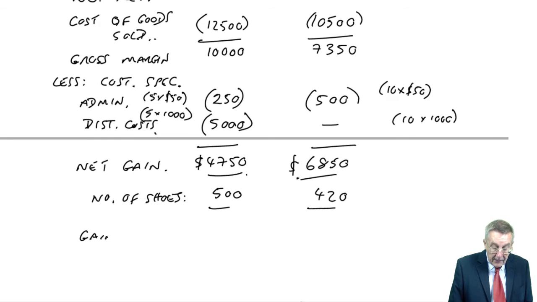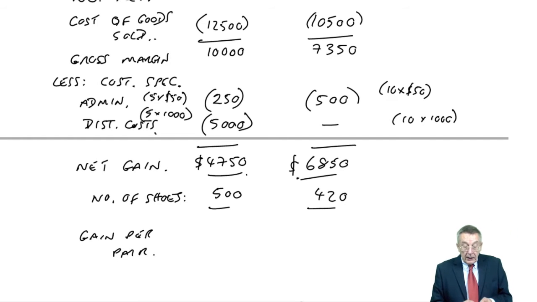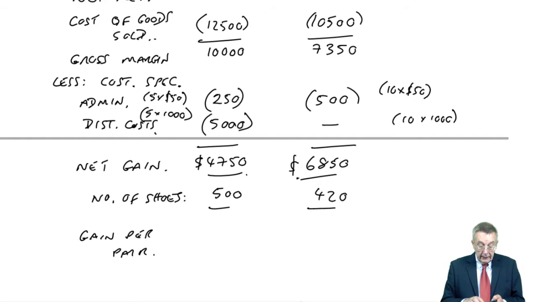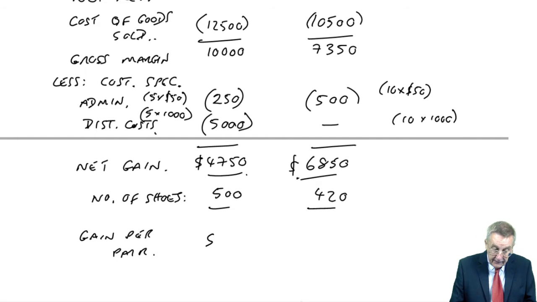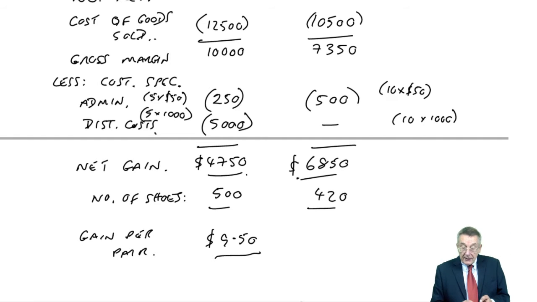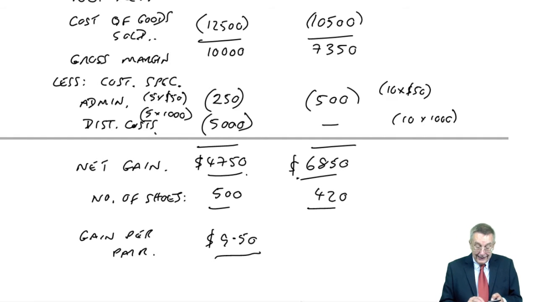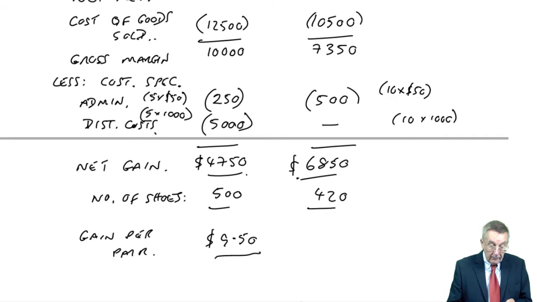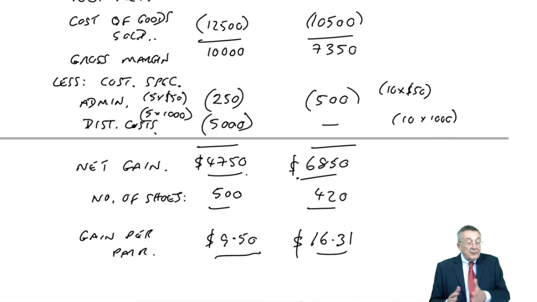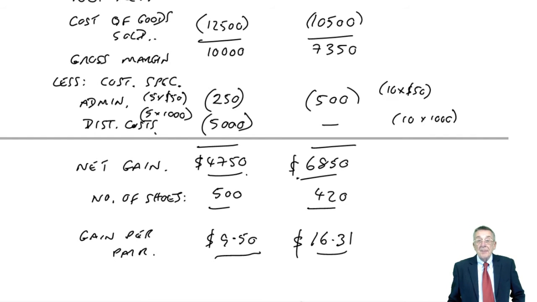The gain per pair of shoes for Gollum, 4,750 divided by 500, is $9.50, whereas Sam comes to $16.31. So we're doing far better out of Sam.